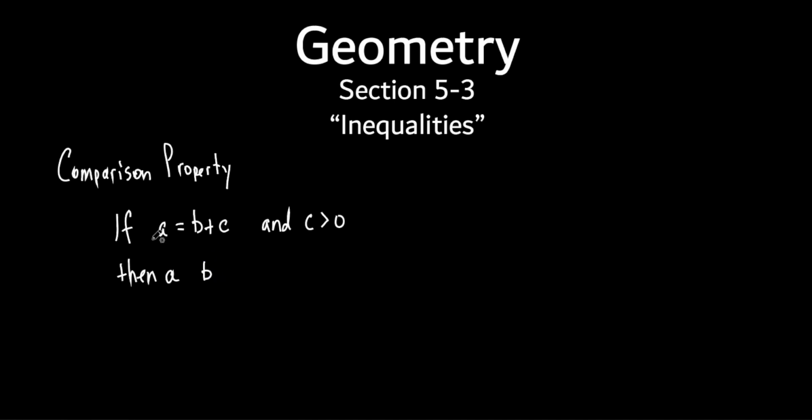If these two add up to be A, then A's got to be what to B? It's got to be bigger. It's got to be greater than. And there's our greater than symbol. Remember that? All right, so A is greater than B. Everybody see that?